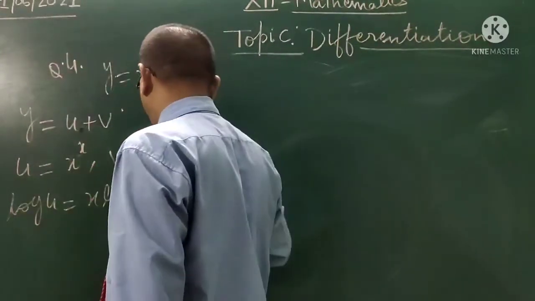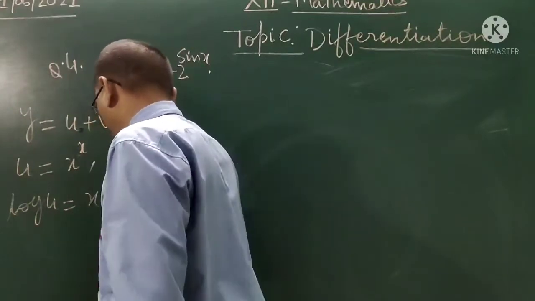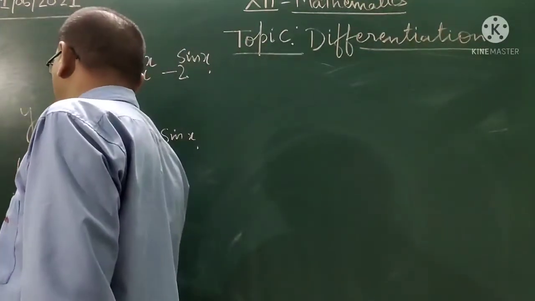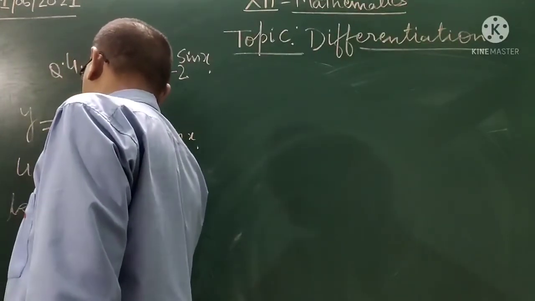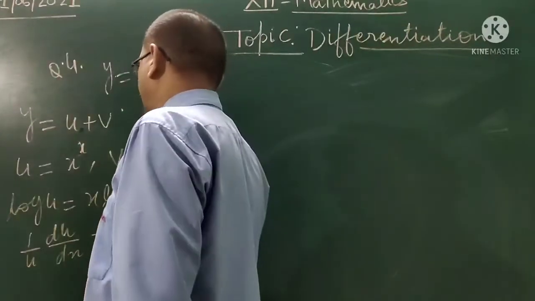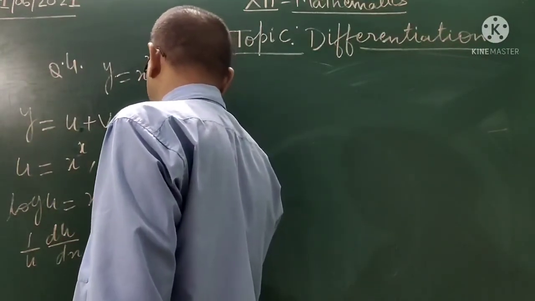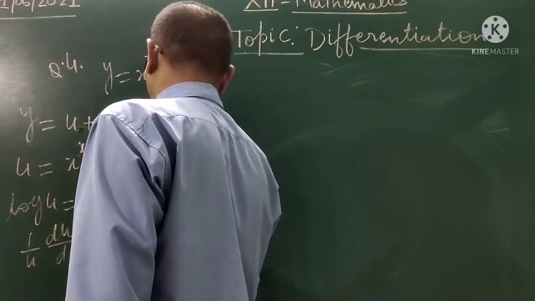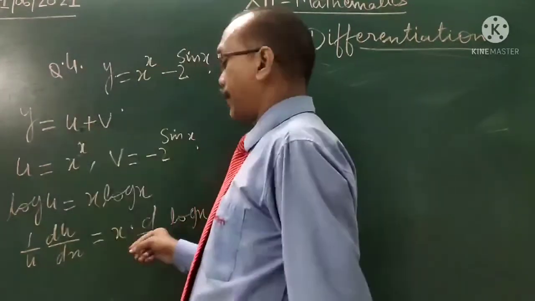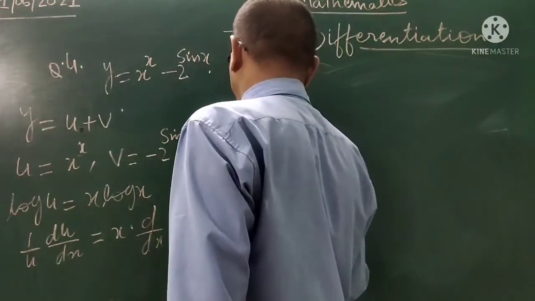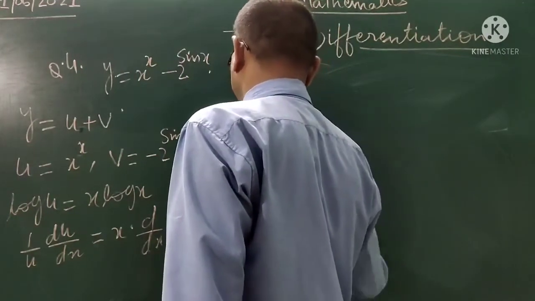Now we apply the product rule. It is 1 upon u du over dx equal to x as it is, d over dx of log x, plus log x as it is, d over dx of x.